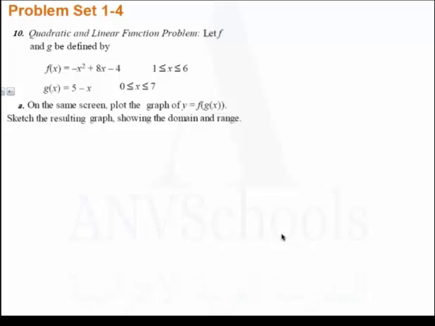So letter A, on the same screen, plot the graph of y is equal to f of g of x. Sketch the resulting graph showing the domain and range. So before we do that, first we have to get f of g of x. So what is f of g of x?